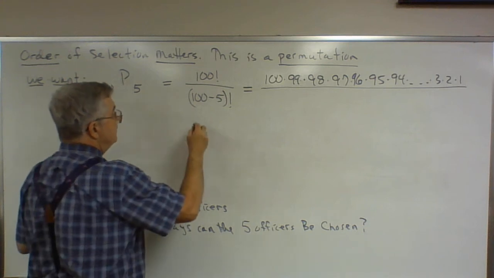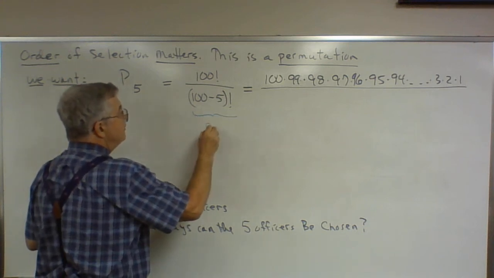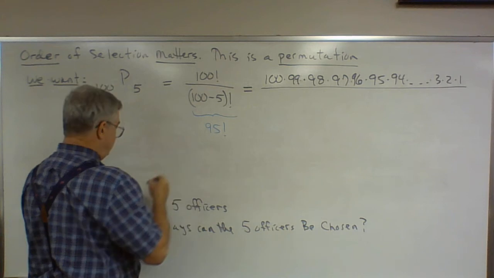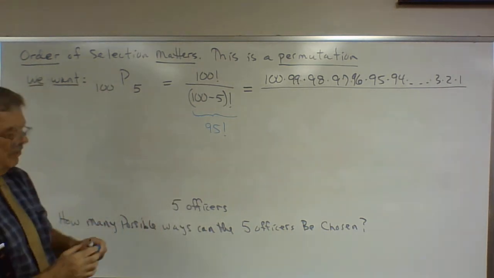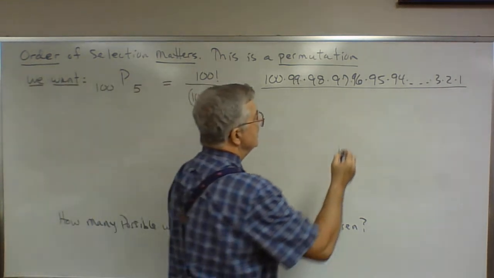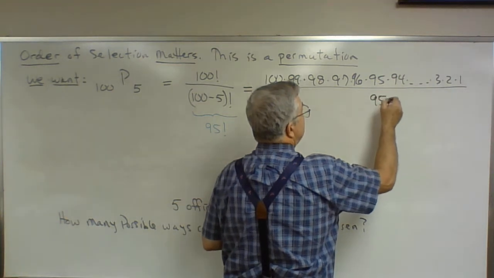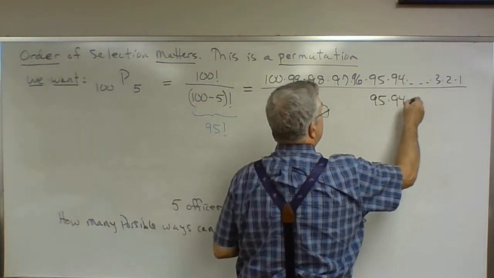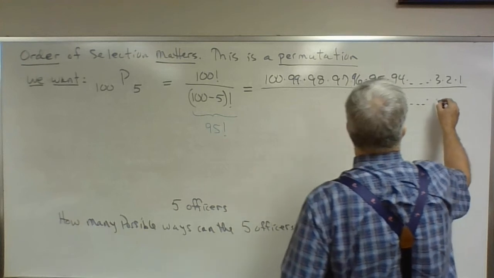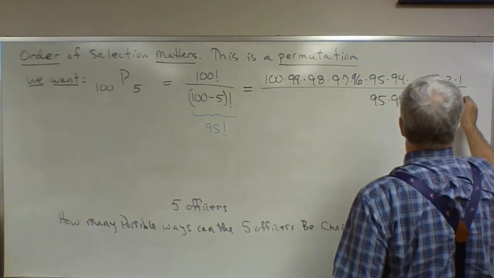And this thing is 95 factorial, so that's going to be 95 times 94 times ... 3 times 2 times 1.